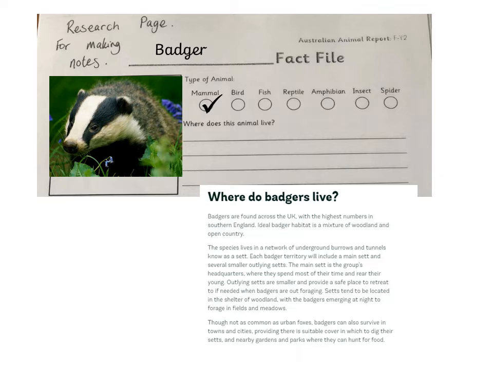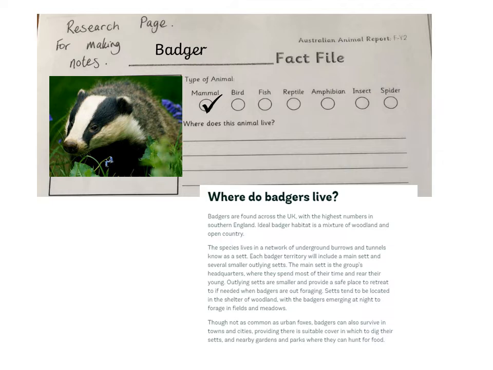So I've just snipped this section off the website here, okay? And you can have a read through. So we know that the badger habitat, so where it lives, is a mixture of woodland and open country. So it lives in a network of underground burrows and tunnels known as a set. Okay, so I would be adding this to my plan.